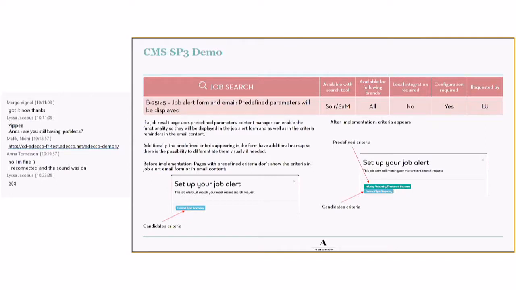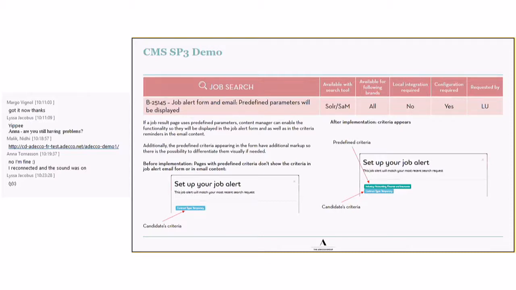The request was to make sure that whenever a candidate makes a job alert based on one of these pages, the predefined industries are also shown in the pop-up when you define the email alert criteria.